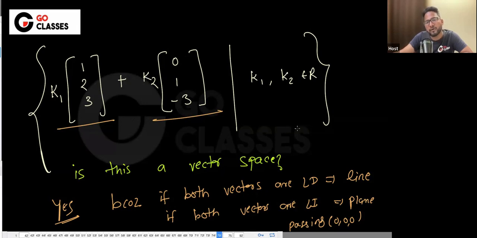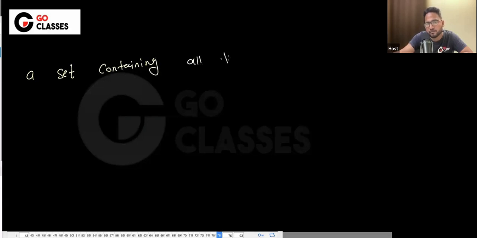So linear combination of any number of vectors is a vector space. Okay. I mean the set containing all the linear combinations is always a vector space.